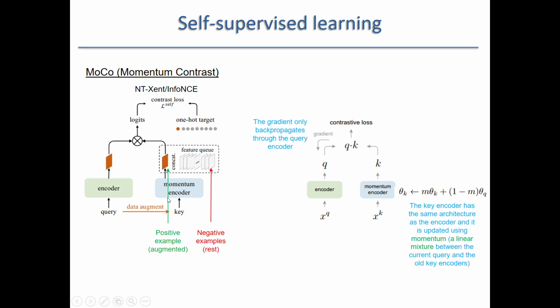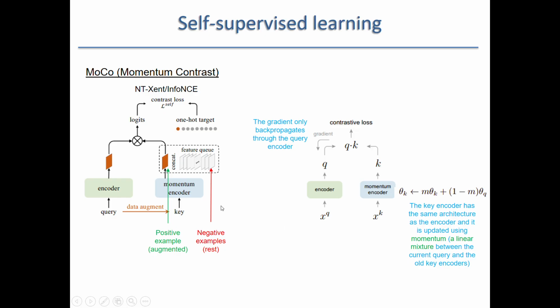You have an image, you do data augmentation, and that is the key. This memory bank will be updated over time, and the key will be compared to the query. The momentum encoder has the same architecture as the query encoder, but the weights are updated differently.